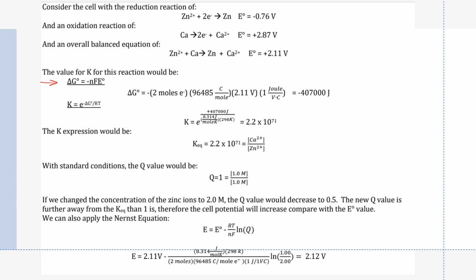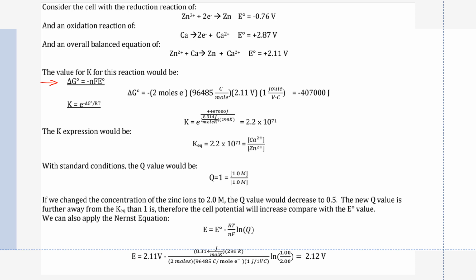That is going to equal your K expression, Ca2+ over Zn2+, products over reactants. Assuming we're at standard conditions of 1.0 molar, your Q will equal 1.